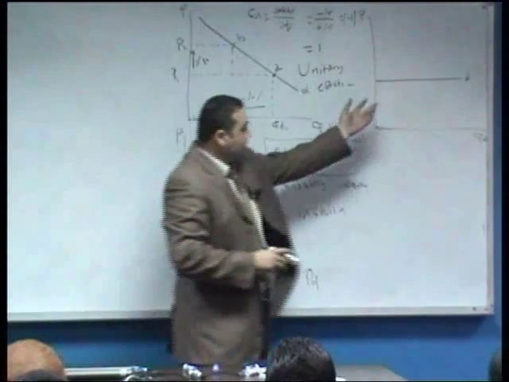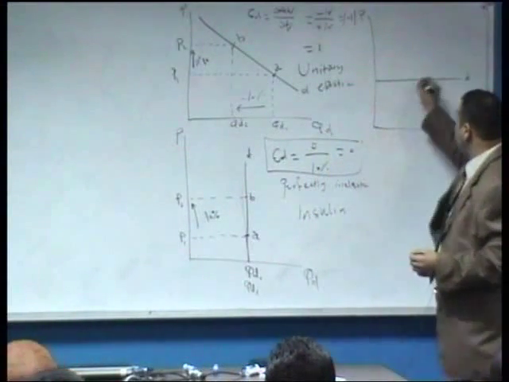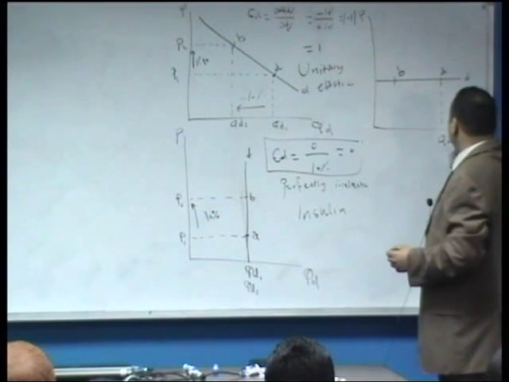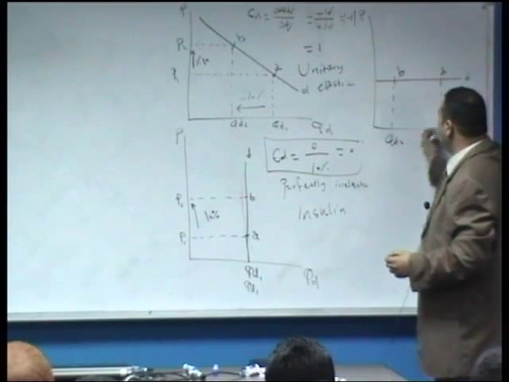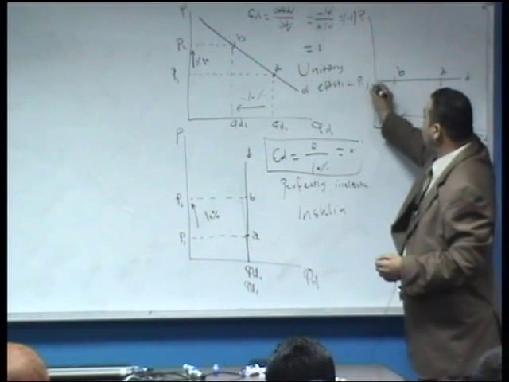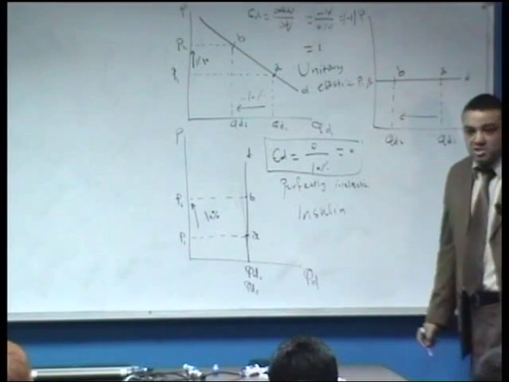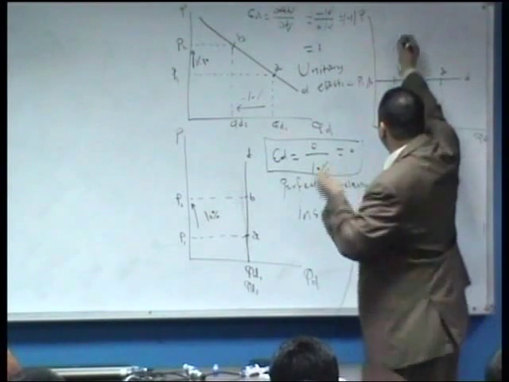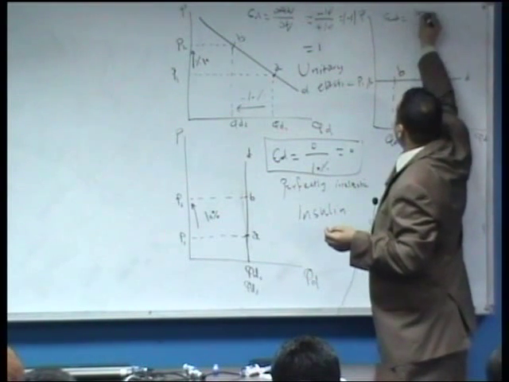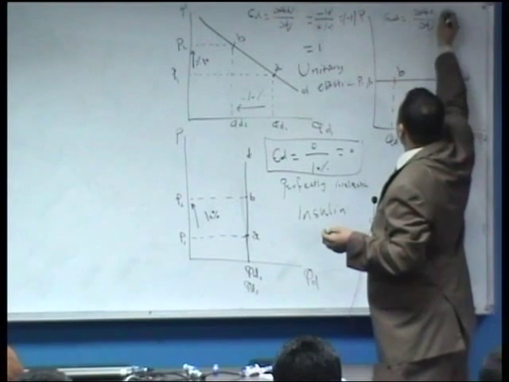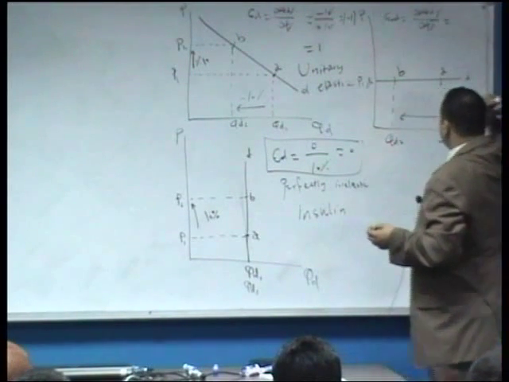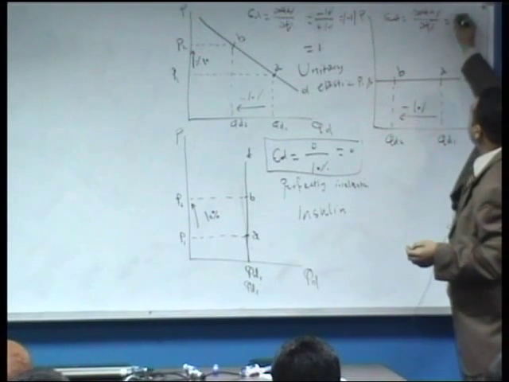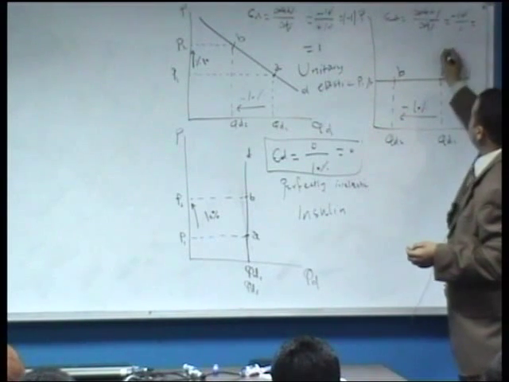Right? Okay, the last case. A, B, QD1, QD2, P1, P2. There is no change in the price, but the quantity demanded declines. So ED equals delta QD over delta P percent, equals minus 10% over 0, equals infinity.